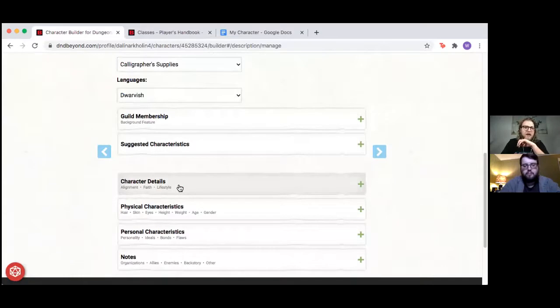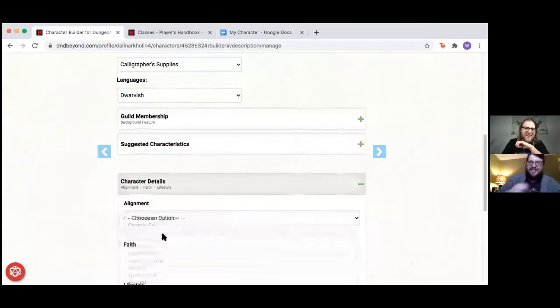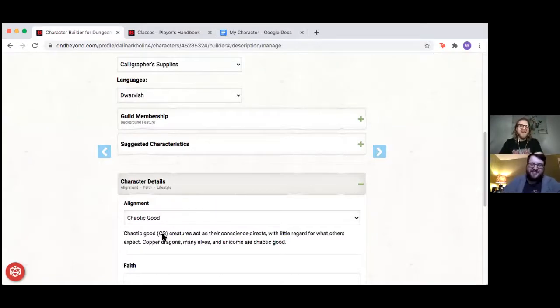Okay, now let's talk about character details like my alignment. I want to be chaotic good. You don't want to be evil. No, not at all. I don't want to be lawful good because, again, for new players, spoiler alert, that wouldn't get my character anything.